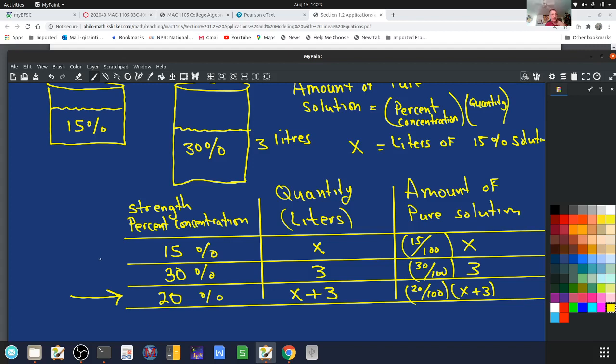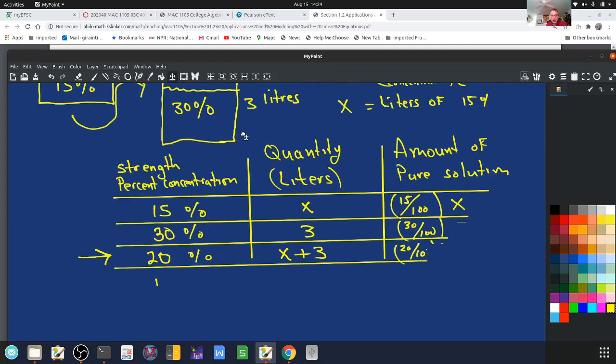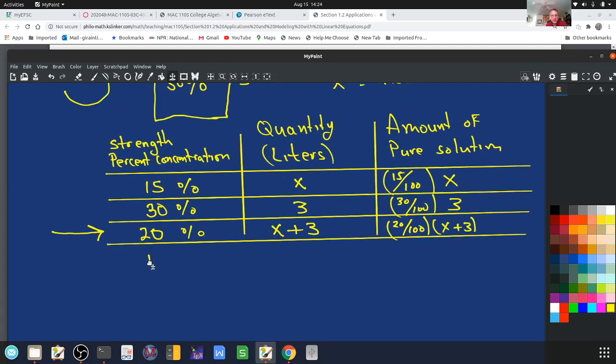So now we're ready to put things together, and the final result is going to be the following. I'm adding the amount of pure solution, I'm adding the 15% to the 30%. So our guiding equation is amount of 15% plus the amount of 30% is equal to the final.